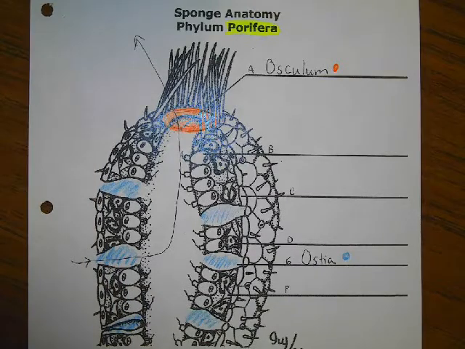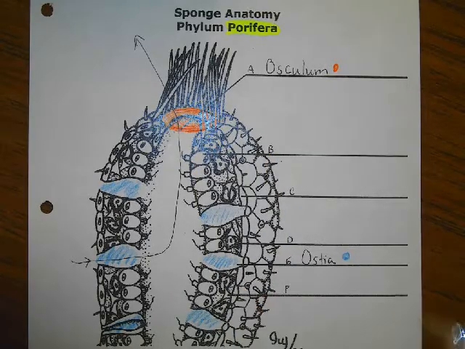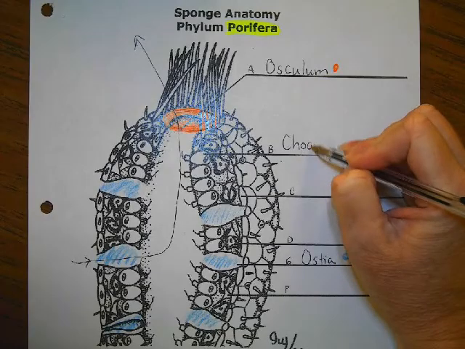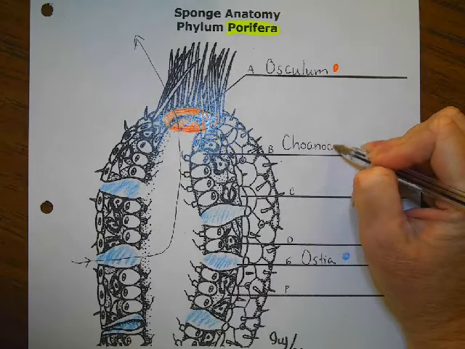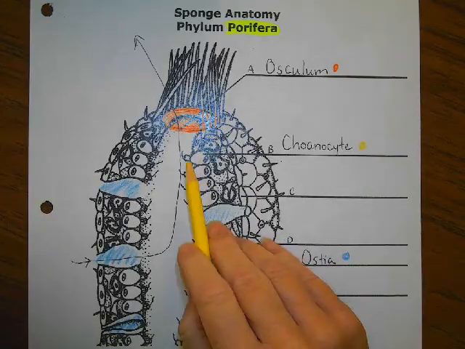So as the water comes in, it's going to bring with it nutrients. And so the next thing I want us to label are the collar cells, which is what B is pointing to, or the scientific term for those is choanocytes. So choanocytes are referred to as collar cells because if you look at them, they have a little collar.